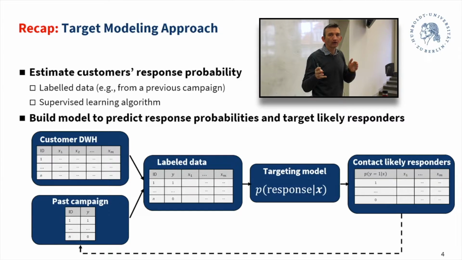So from past marketing actions, we have data that we can use for labeling customers. Again, let's imagine an email campaign, and we can label customers according to whether they clicked a link in the email, whether they responded. Many settings are like that.